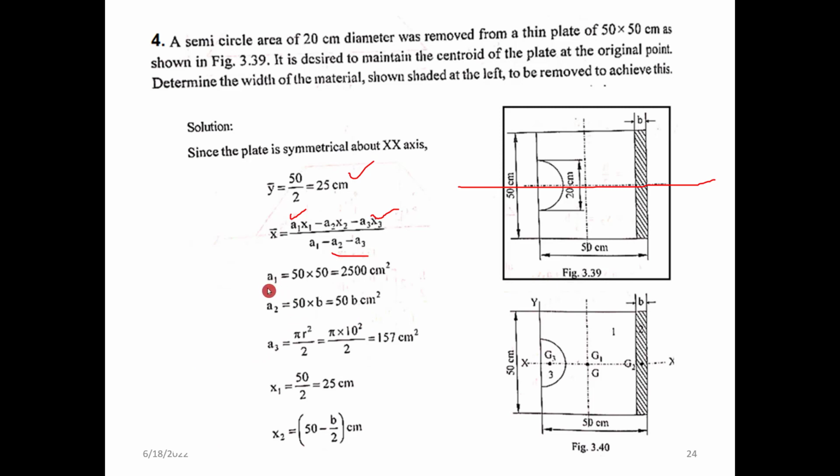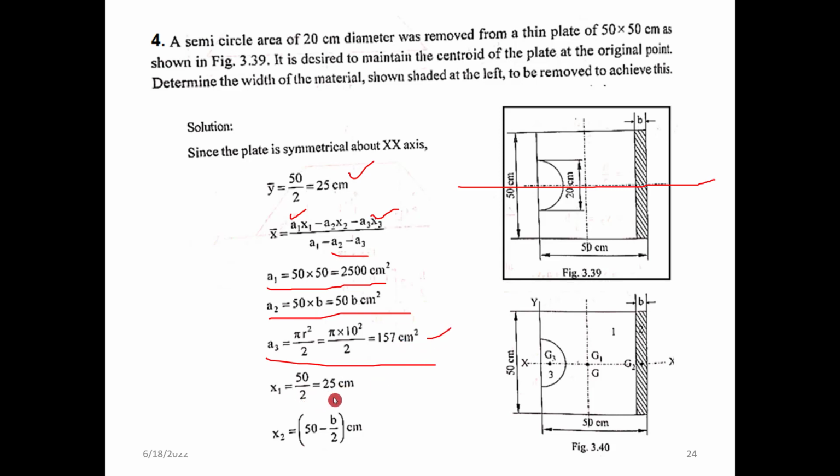The total area of the rectangle is 50 into 50, clearly given. A2: we know the height of the rectangle, but we don't know the width b to be removed, so 50 into b. A3: we directly know the radius of the semicircle, so 157 centimeter square.